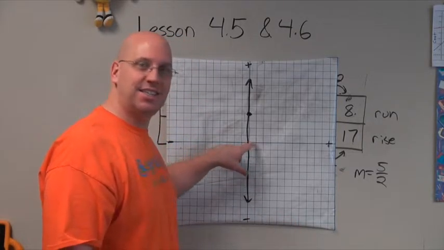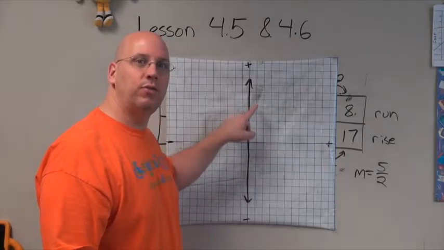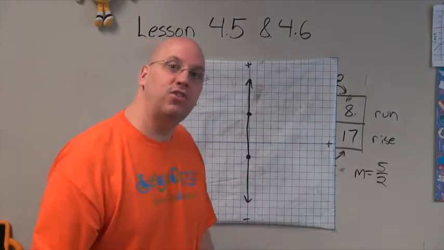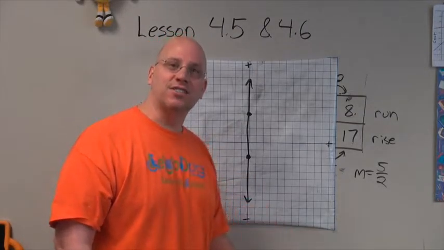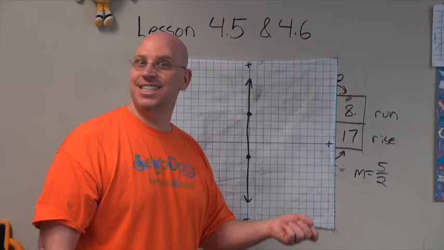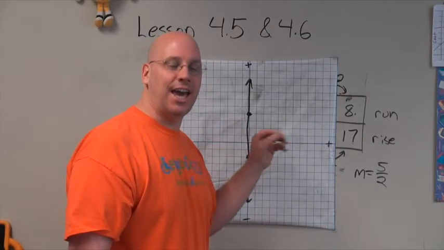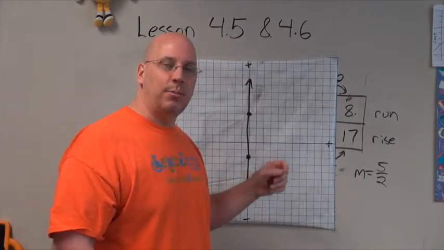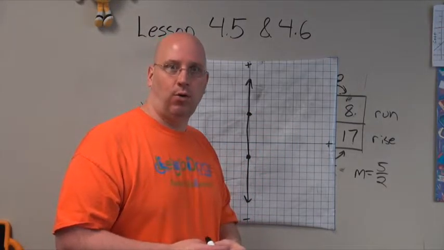If you look, x is 0. We didn't move on x at all, we only moved on y. If this was the y-intercept, negative 2, what is the x value? Again, it's 0 because we didn't move on the x at all. You have to remember that your y-intercept is when x is equal to 0.